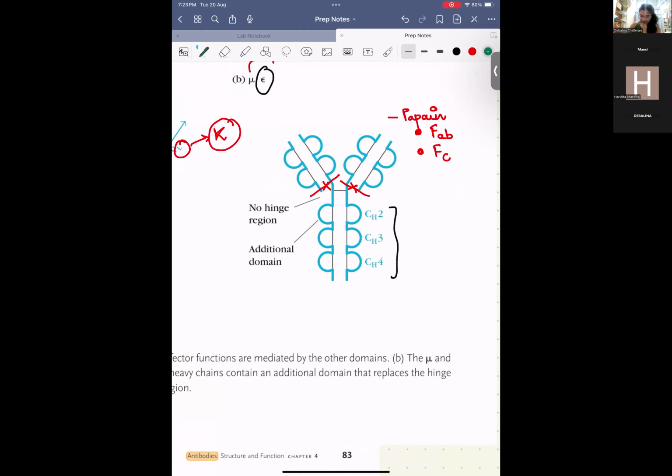Similarly, another scientist performed the digestion using pepsin. The pepsin digestion cuts over here. It produces a larger molecule where two antigen molecules could be bound by the same fraction, and no FC.